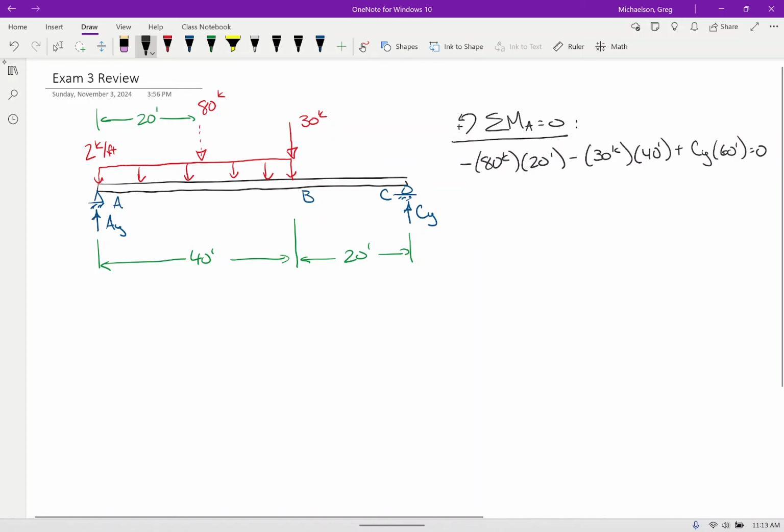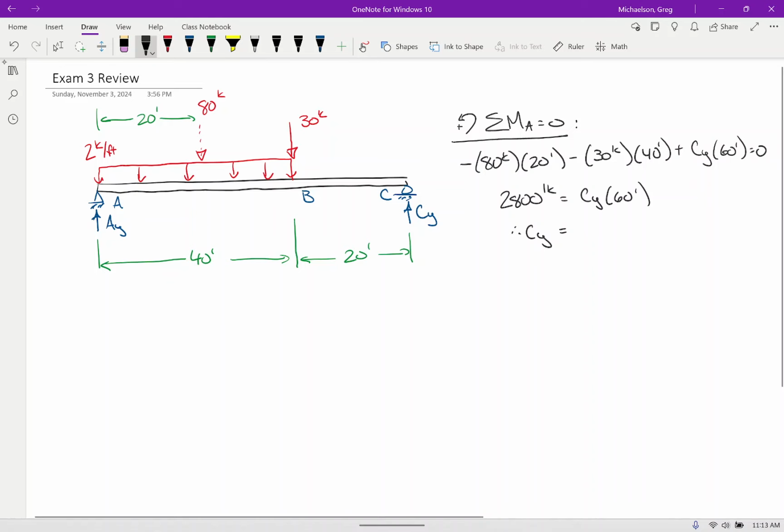So I'm going to have 1,600 and 1,200 making 2,800. So 2,800 foot-kips equals CY times 60. So CY is going to equal what? Might need some help with this.